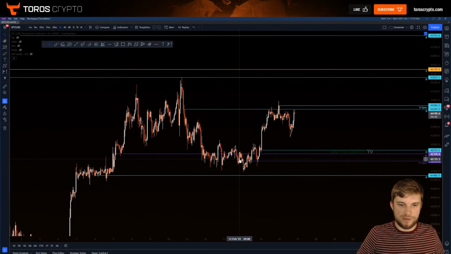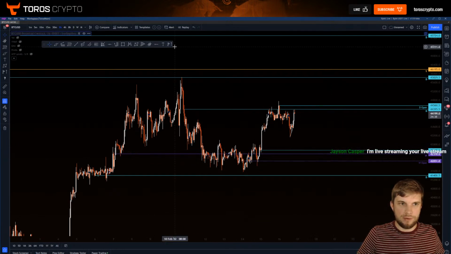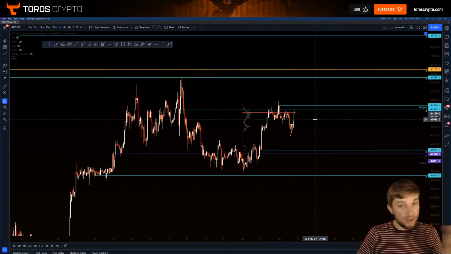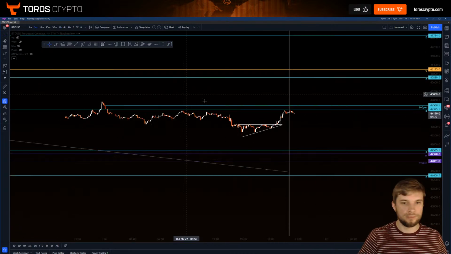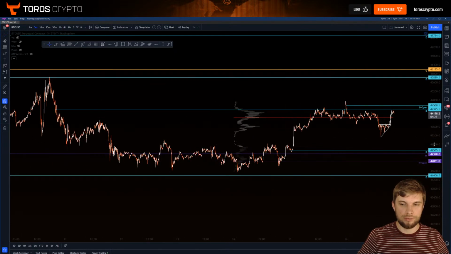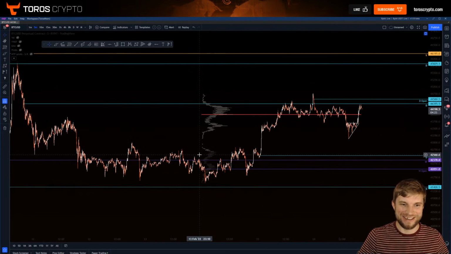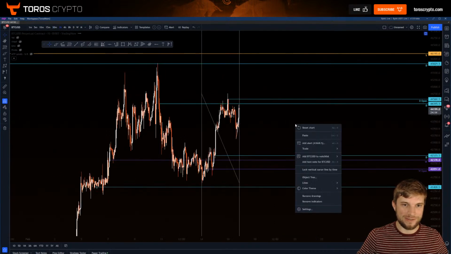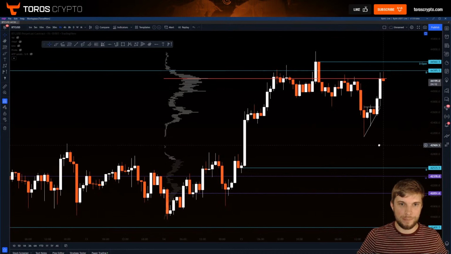So you can put a fixed range from midnight, 14th of Feb. Do it properly, and then you can get a fixed range for the week. Oh, look at that. We're at the weekly point of control. Or not, depending on how you draw it. We're not at the weekly point of control. That's a lie. We are if you go onto the 1 hour and you just draw it like that.